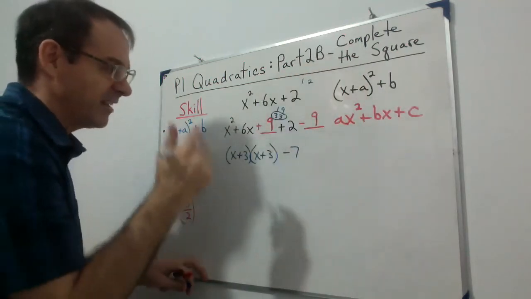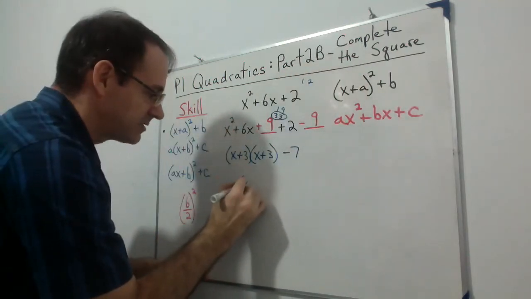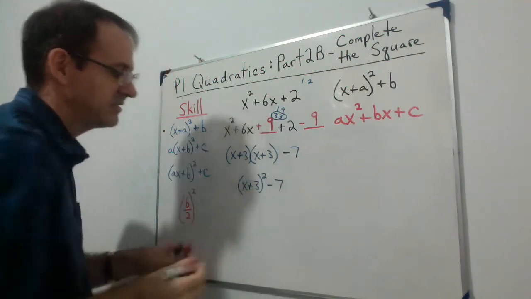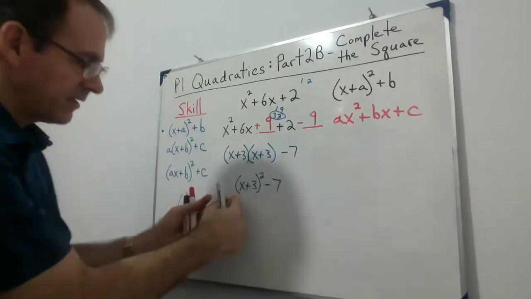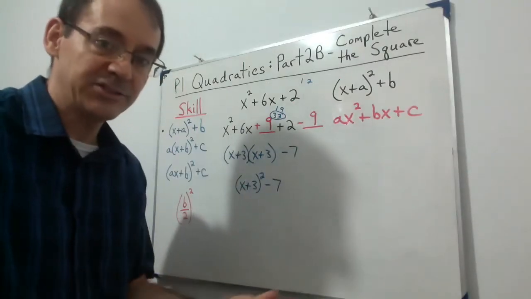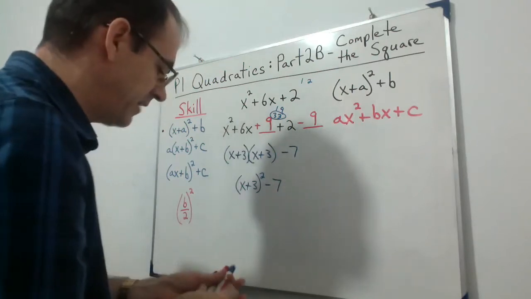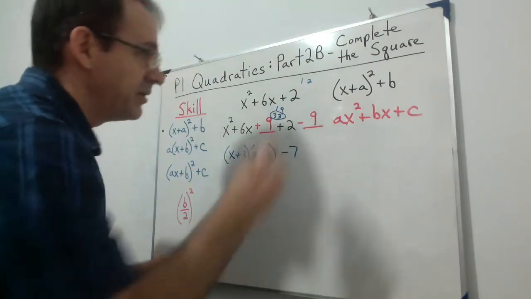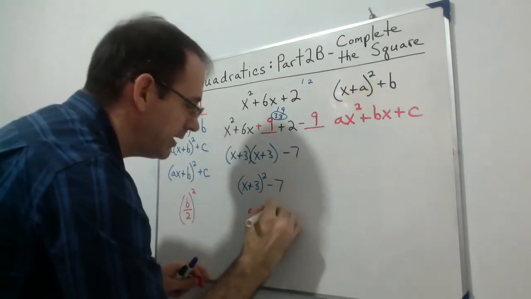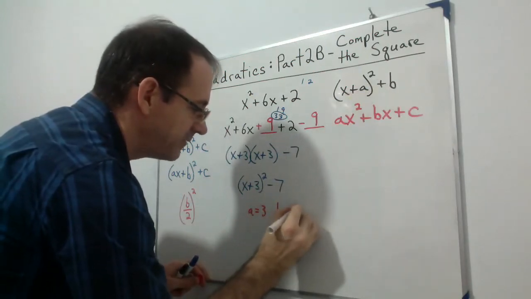So you can write this as x plus 3 squared minus 7. And if you notice, this form is the same as the form that they've asked you to put it in. So you can then identify your A is 3 and your B is negative 7.